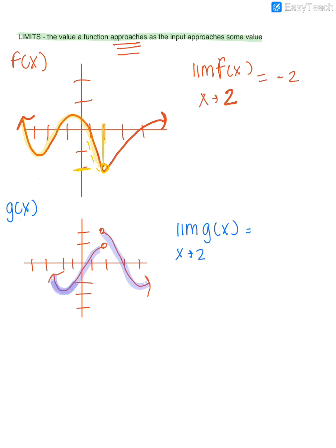From here, you see it approaching the value 1 on the y scale, and from this side, you see it approaching the value of 2. So what would you put? Well, when this happens, the answer is does not exist.